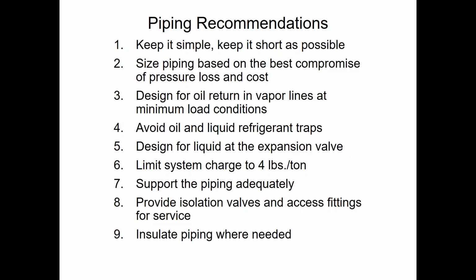So when you see limits in our charts later on in the presentation of, say, 100 feet or 200 feet equivalent length or linear lengths, this calculation's already done. We've already looked at that before we put it in the charts to make sure that that length of pipe and the refrigerant contained within it equals up to 4 pounds or less per ton.